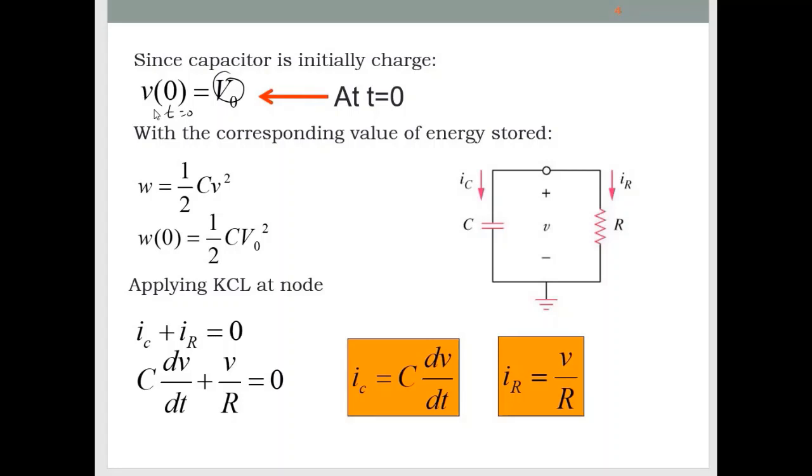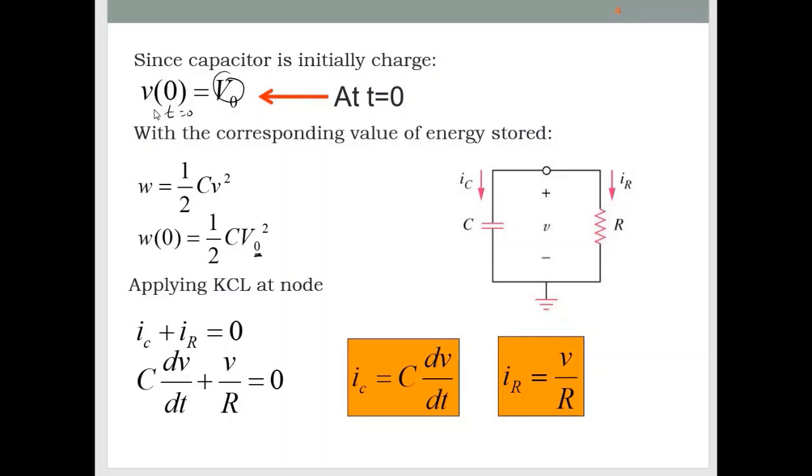And the corresponding energy stored in the capacitor is half CV squared. So this is the main formula for the capacitor, so that when t equal to 0 it is half C V0 squared, with V0 the initial charge of the voltage.